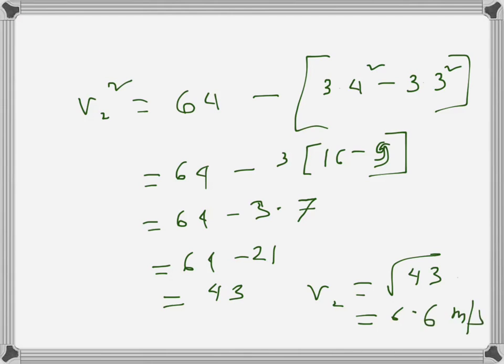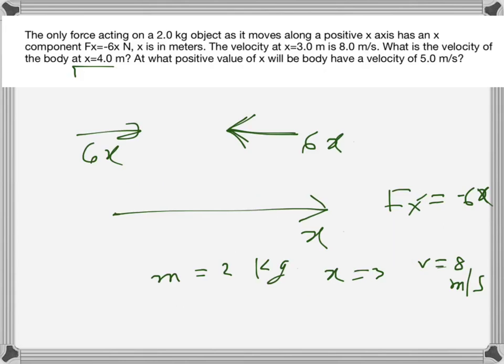So that's the velocity. Now there is a second part in the problem which asks: at what positive value of x will the body have a velocity of 5 meters per second?